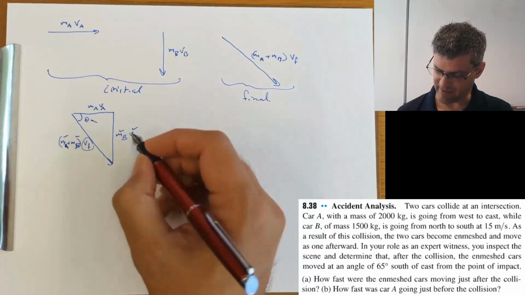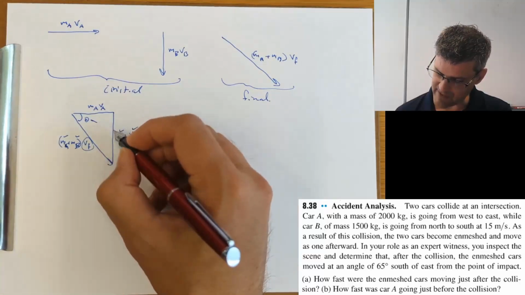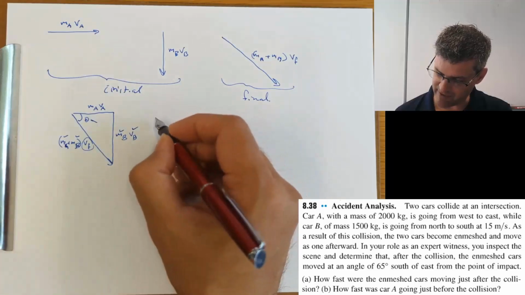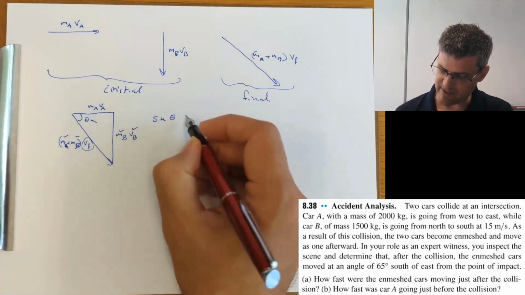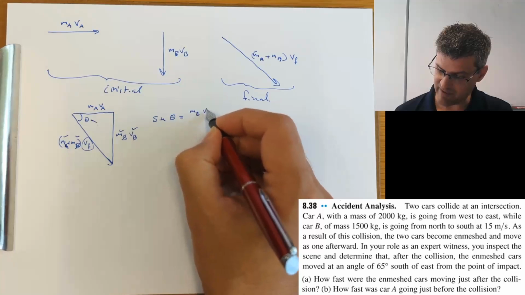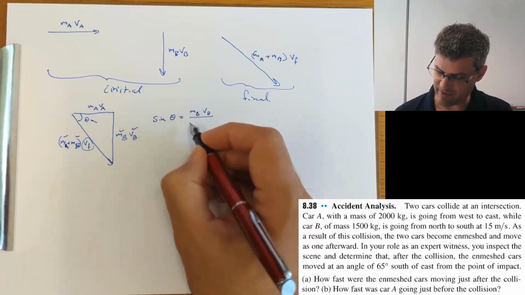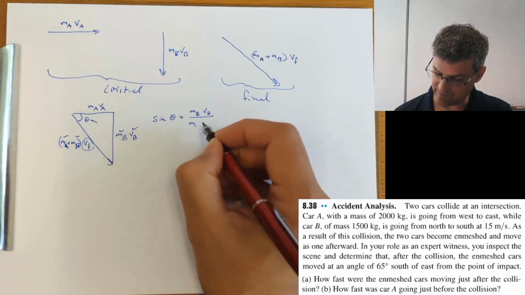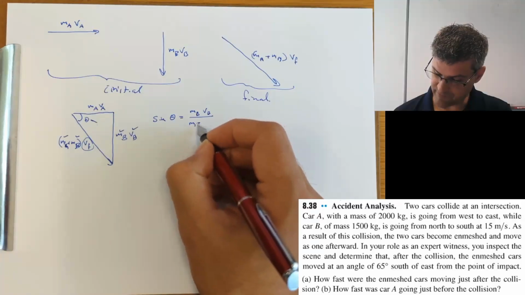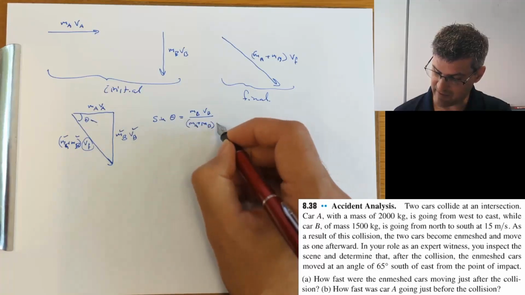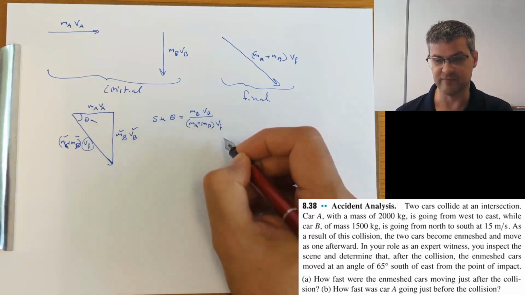So looking at this, I see that this is the opposite side, and this is the hypotenuse. So I see the sine of the angle is MB VB over M1, or MA plus MB, V final.